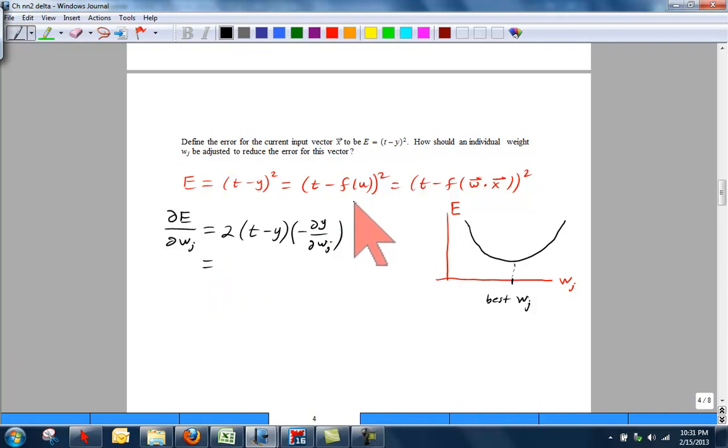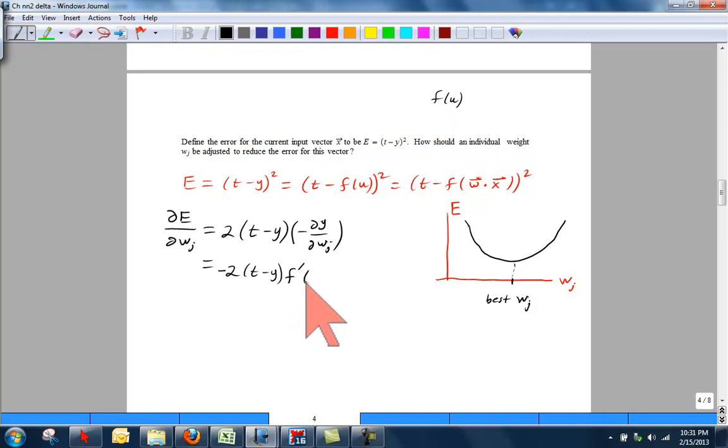Now let's keep going. y is f of u, and so again using the chain rule, and I'm just recopying what's here. Let's take this negative sign out front, and now the derivative of f of u with respect to w. Here's f of u, and I'm differentiating this with respect to w. The w is inside the u, and so another application of the chain rule.